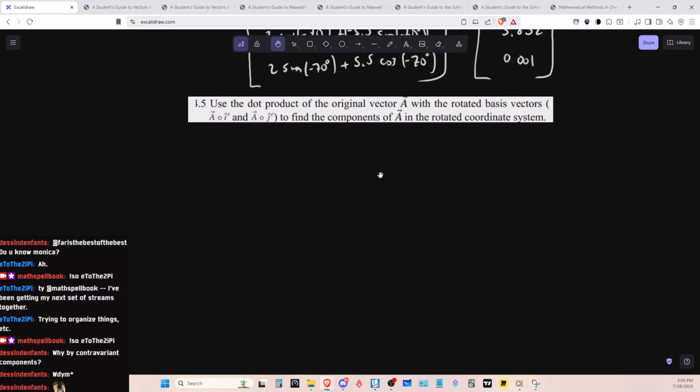It says use the dot product of the original vector A with the rotated basis vector. Find the components of A in the rotated coordinate system. So are they still making us use a previous problem as reference, or we're just doing it through a regular vector called A?